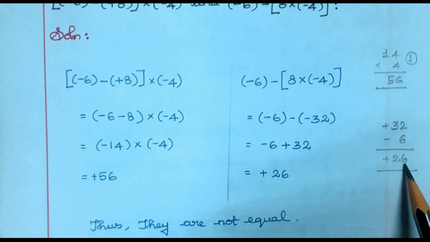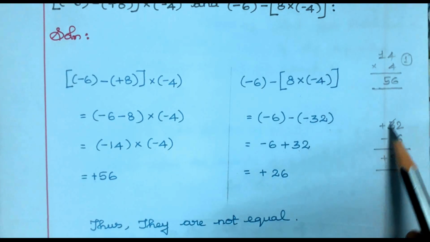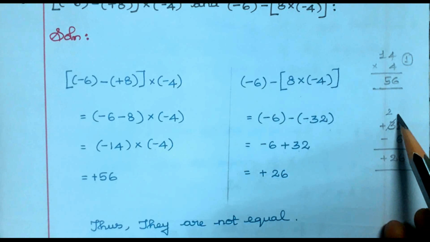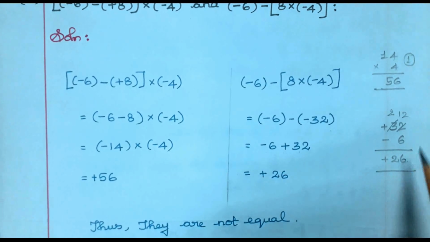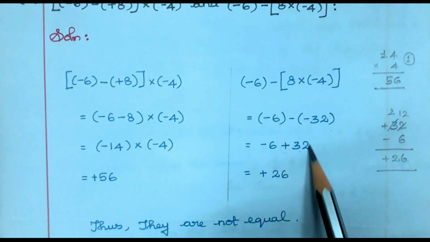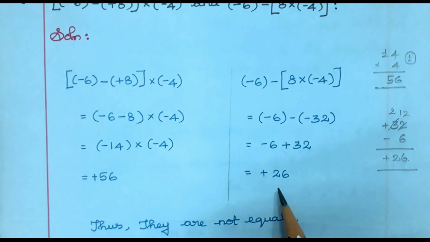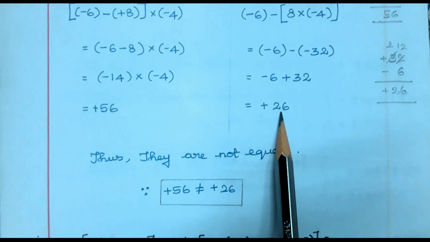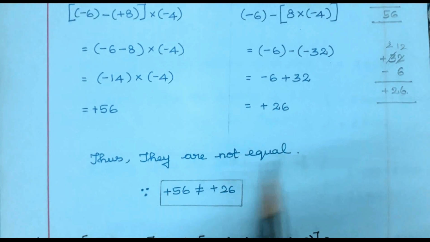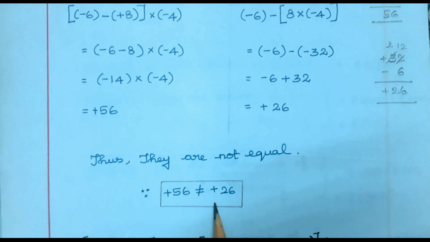When you subtract, borrow, it becomes 2 and this becomes 12. When you subtract 12 and 6, we get 6, and 2 as it is, because the number's sign is plus. Therefore, the answer is plus 26. When you check both the side answers, it is plus 56 and this is plus 26. Thus, they are not equal, since plus 56 is not equal to plus 26.